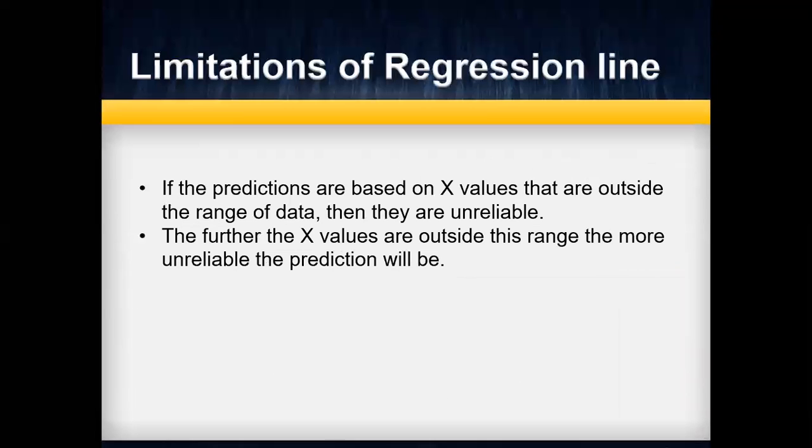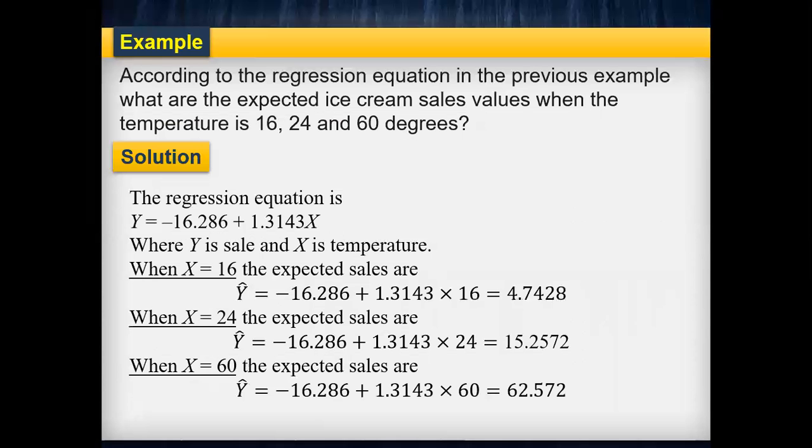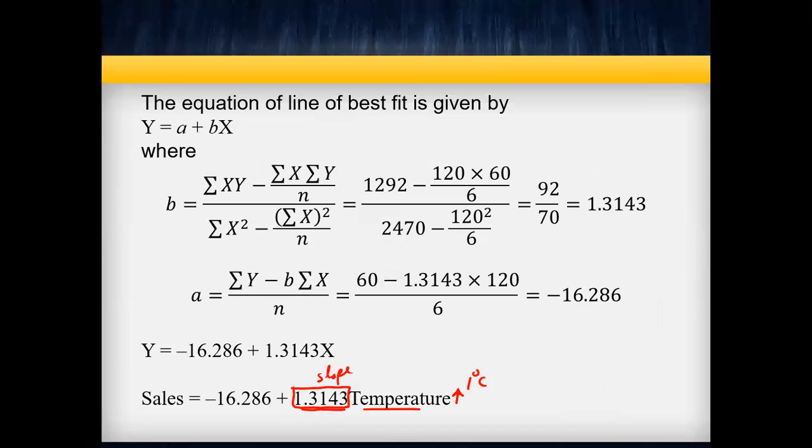But the regression equation has a few limitations as well. What are the limitations? If I say calculate the sales when the temperature is 0 degree centigrade, it will be minus 16.286 liters.